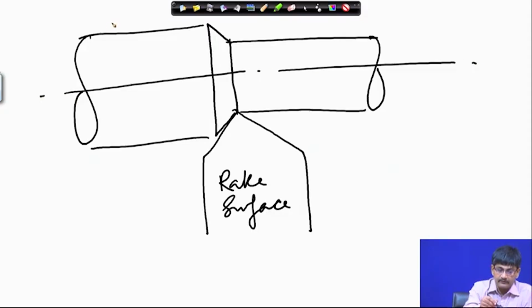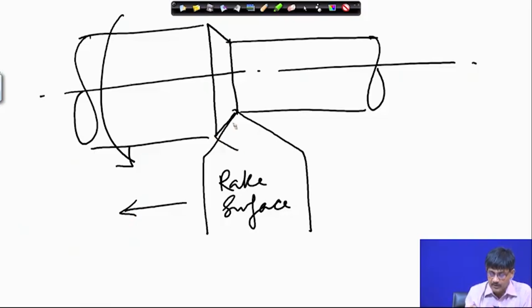It is rotating. The tool is moving this way. So, the chips are going to come out, as we saw the last day, the chips are going to come out here, over which the chips flow, the rake surface. Okay. And this is the finished part, this is the unfinished part.